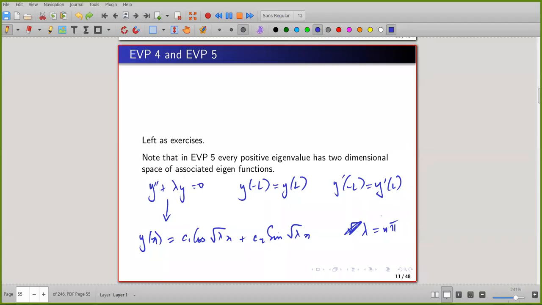I'm not sure of the answer right now, but you will be able to find this easily. But the point is that these functions are already periodic.